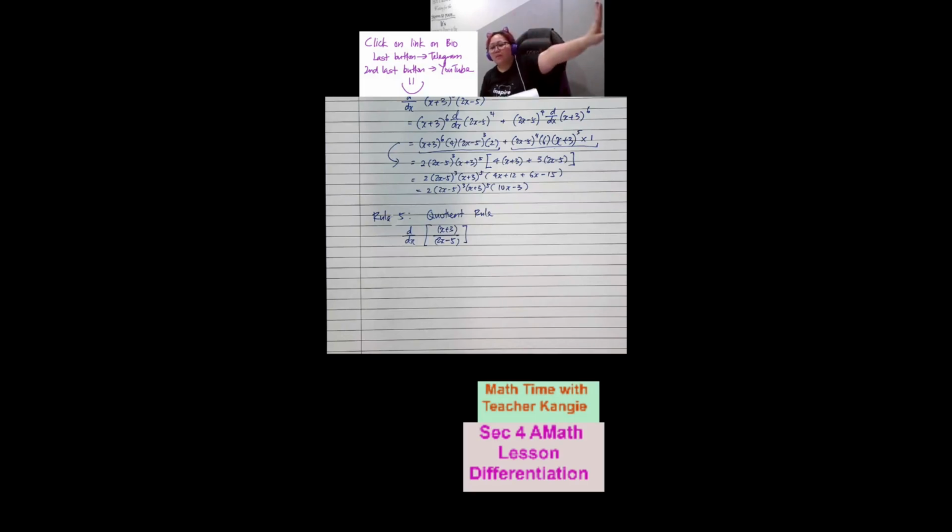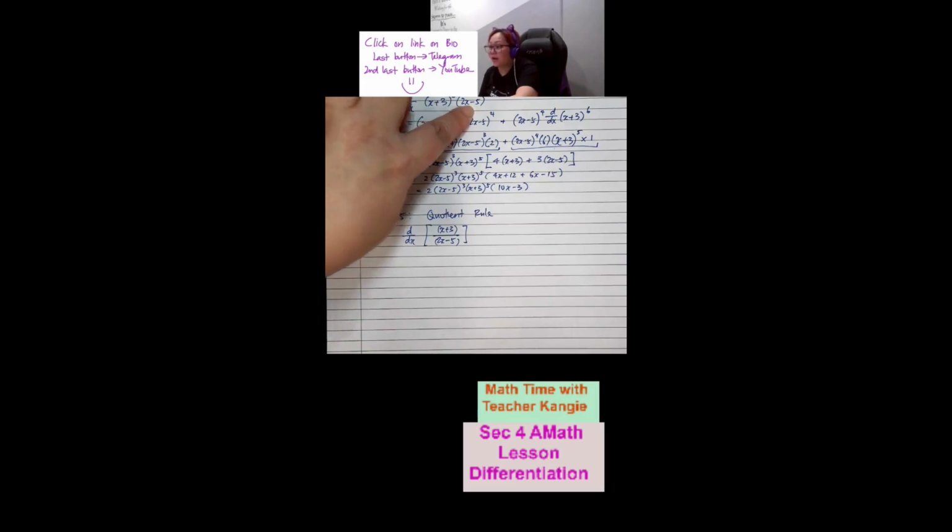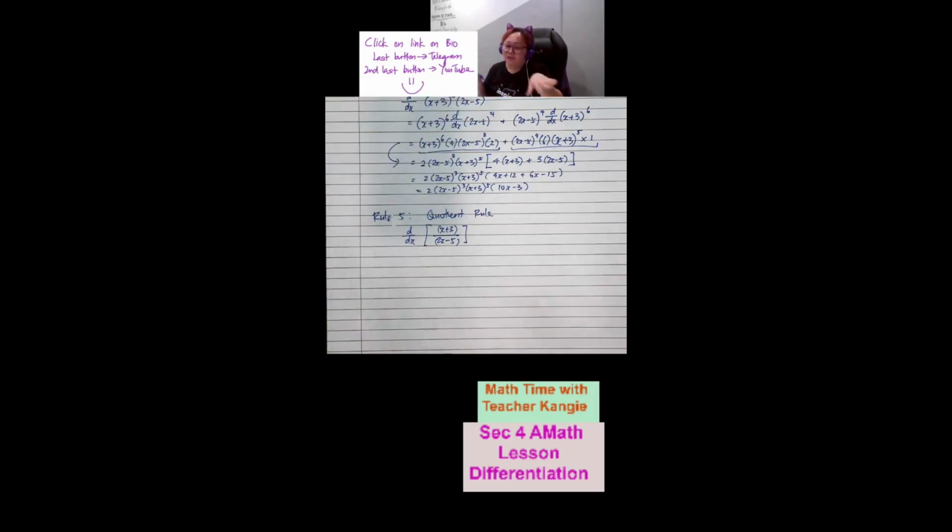Yes, this life is only about differentiation. 5 rules only. Okay, I don't like to use the u and v lah, so troublesome. But of course, some school teach like let u be this one, then you do your du dx. Then let v be this one, then you do dv dx. And then after that, you go and combine them together. But I feel that it's not necessary lah. It's a bit waste of time. Okay.